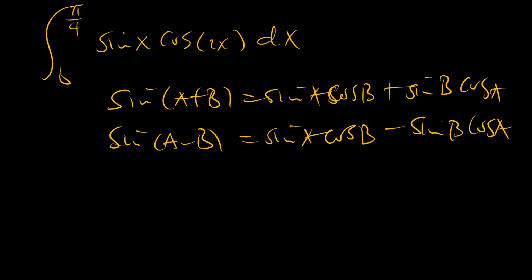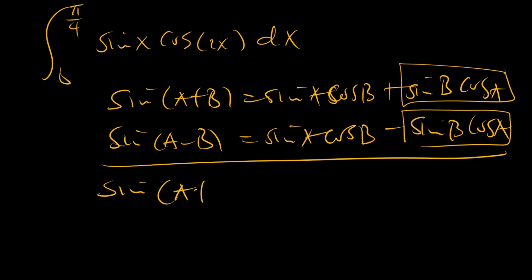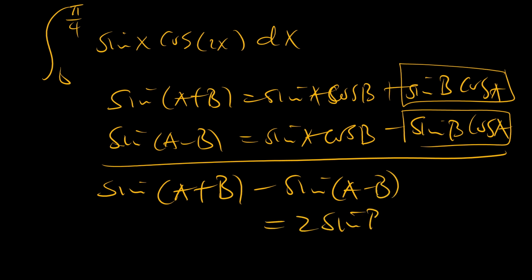Now I would like to take the bigger of the arguments, 2x, to be a, and the smaller, x, to be b. So in other words, sine b is sine x, and cosine a is cosine 2x. And that means that sine(a plus b) minus sine(a minus b) would be equal to twice sine b cosine a, right?